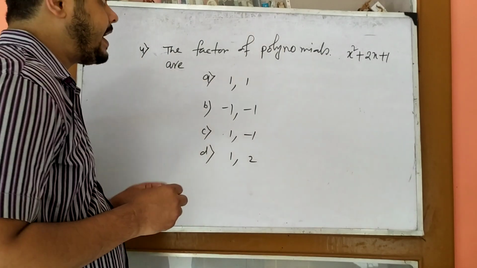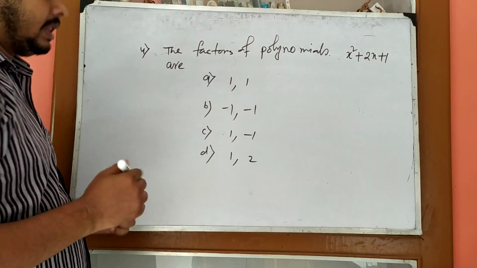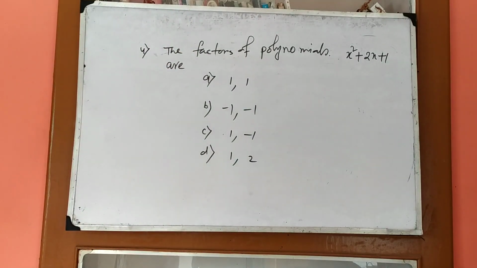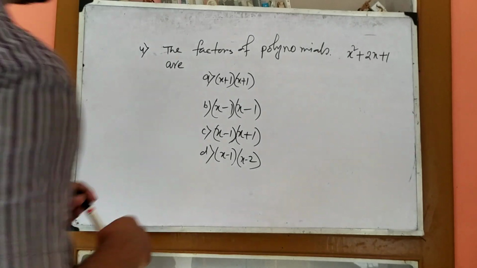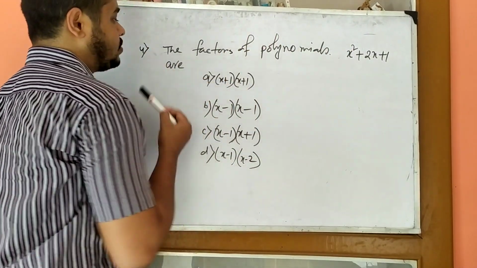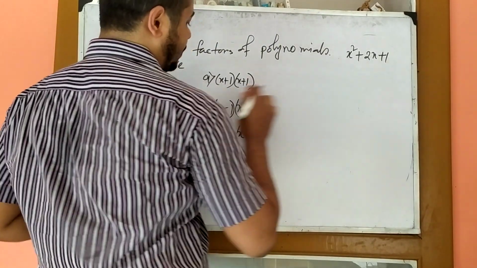Now the factors of polynomial. In this case, the factors of the polynomial x square plus 2x plus 1 equals to 0. What will be the factors of that polynomial?